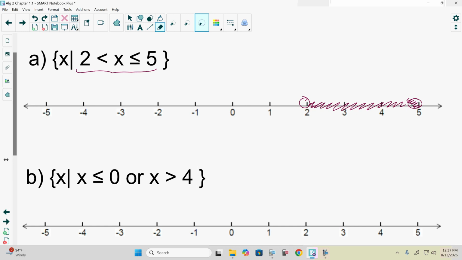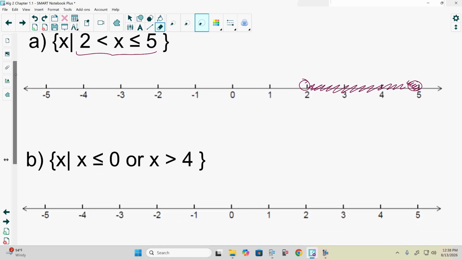And when you shade, if you want to do that squiggle line, do that squiggle line. I find it easier to actually be able to read the line than just shading over the top of the line. Because unless you shade really, really dark, it's hard to see. That's all I need. Questions on A?